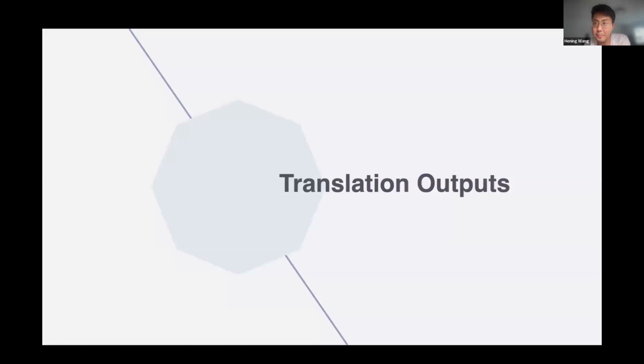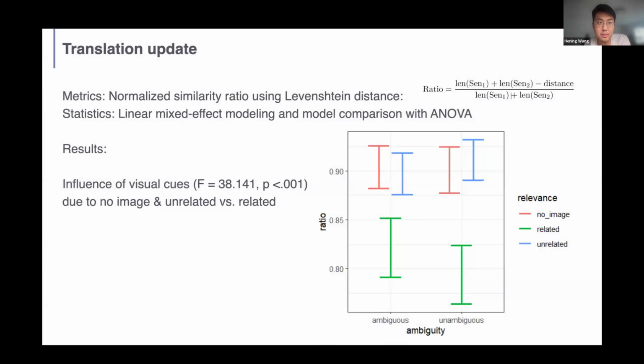So let's jump right into our results. First, we want to see how the visual cues impact the update quality of the translation. We use normalized similarity ratio as our metric. And for statistics, we use linear mixed effect modeling and model comparison with ANOVA.